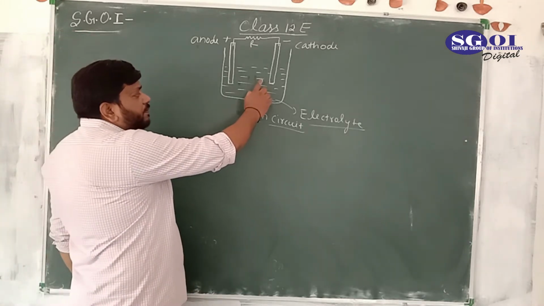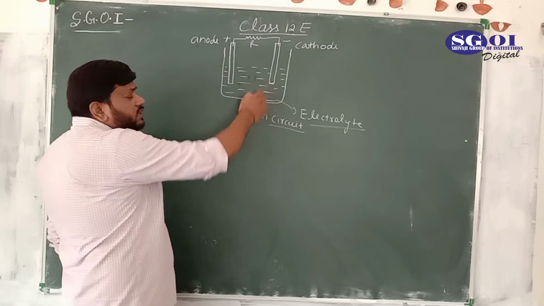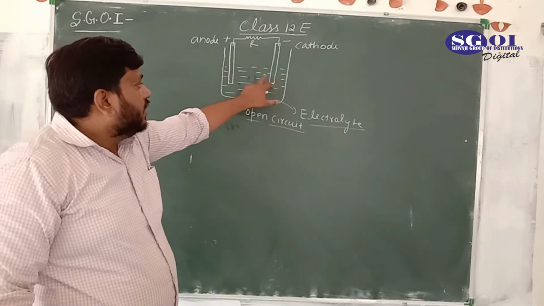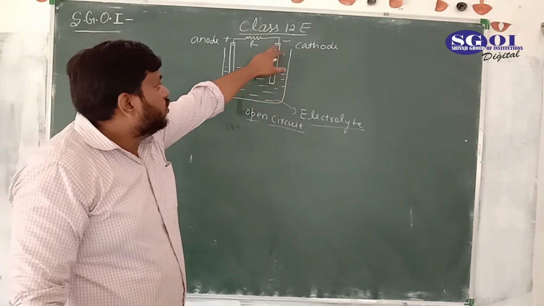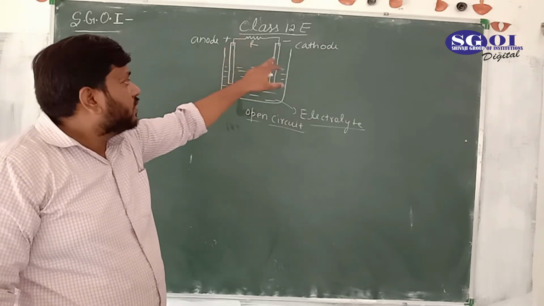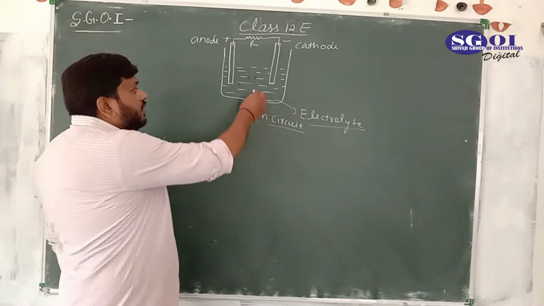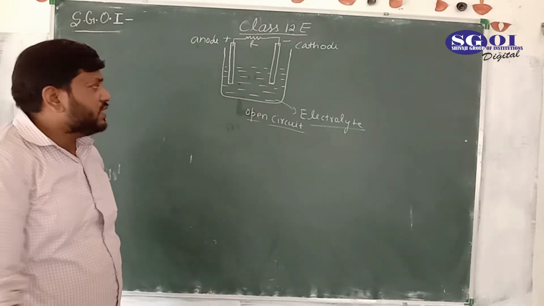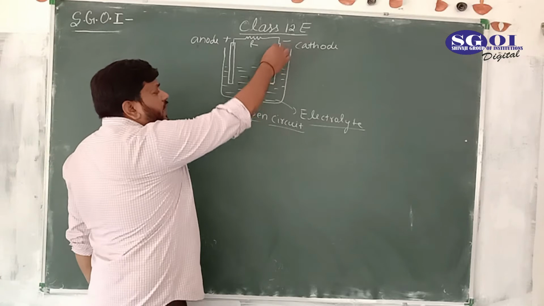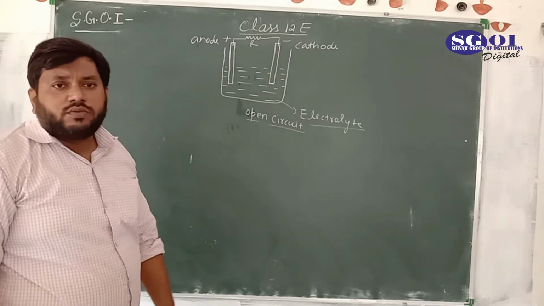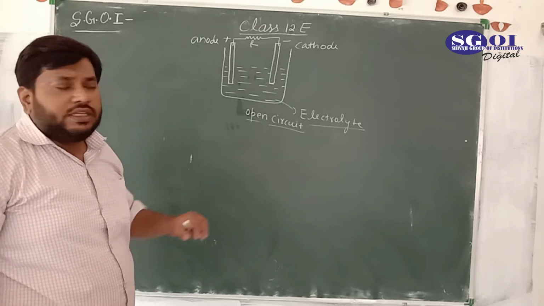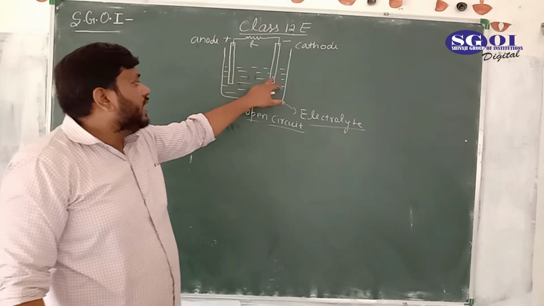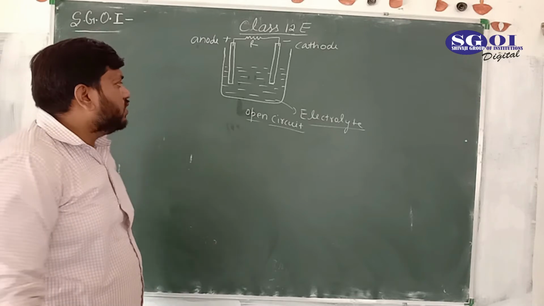In the same way, the negative ions when reaching here give electrons to this metallic plate and are also neutralized. So here there would be an excess of electrons, and here a deficiency of electrons.